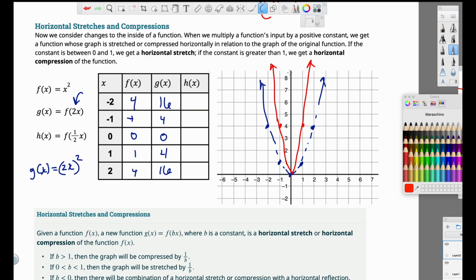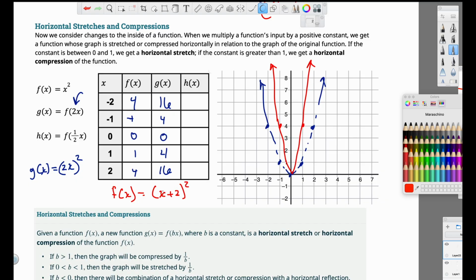Okay, so on first inspection, you would think, oh, this is being stretched vertically. But really, because it's happening inside the function, and we know that when we dealt with other kinds of transformations, like x plus 2 squared, remember when we did this?